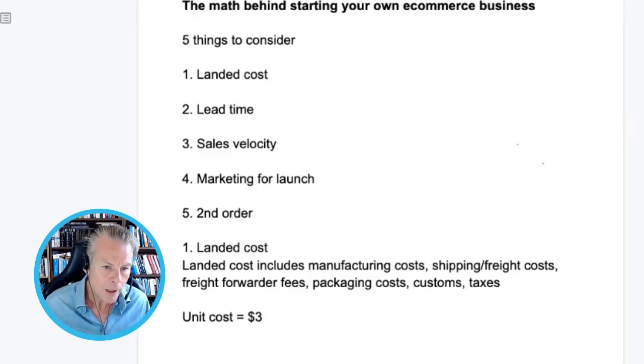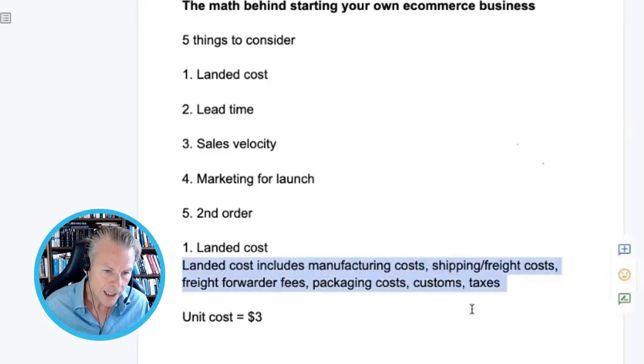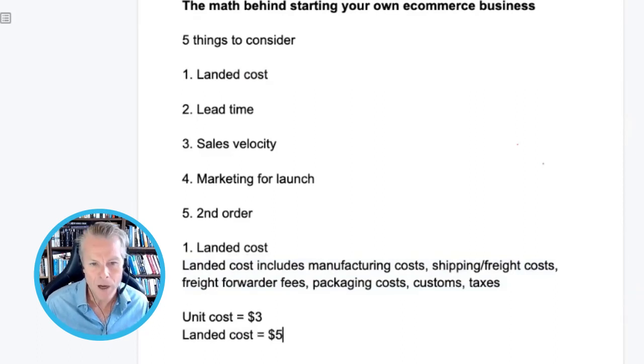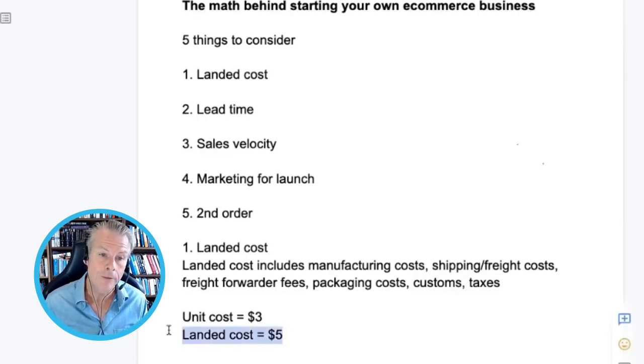Then when we factor in all these other things, let's say our landed cost is $5. Depending on what we're doing, of course, I think that is a fair and accurate assessment. So now we've got a landed cost of $5.